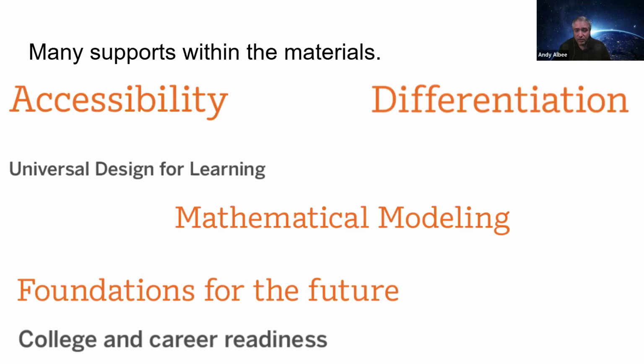They have taken the concepts of universal design for learning and tried to build them into their lessons, so that you have lots of activities with low floor, high ceiling materials in them. And you can differentiate pretty easily, adjusting for different students depending upon their abilities or their needs.